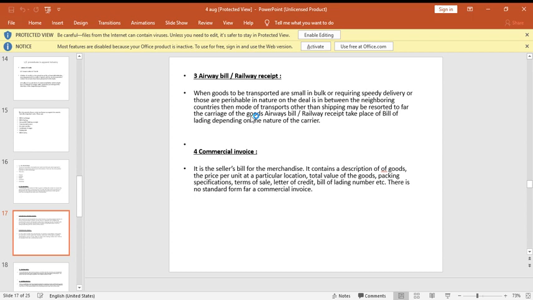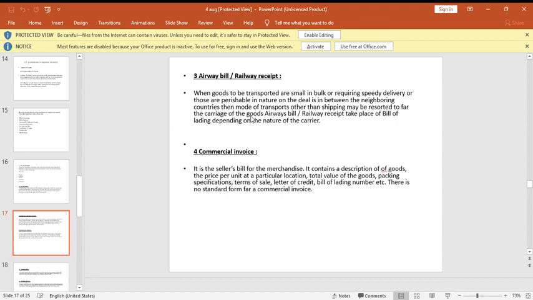Then, airway bill or railway receipt. When goods to be transported are small in bulk or require speedy delivery, or the deal is between neighboring countries, then a mode of transport other than shipping may be resorted to for the carriage of the goods.